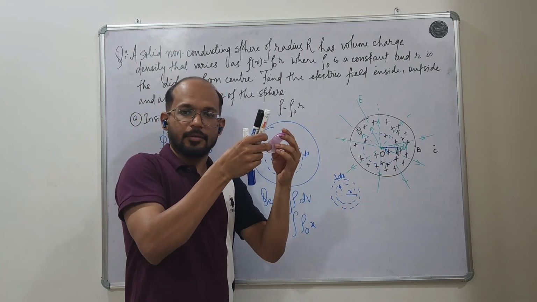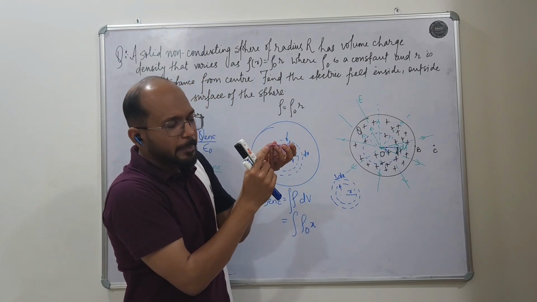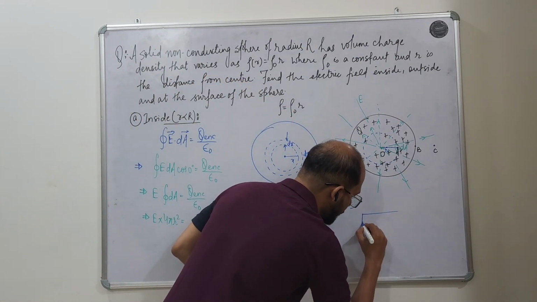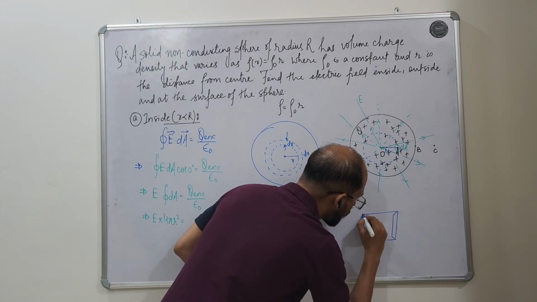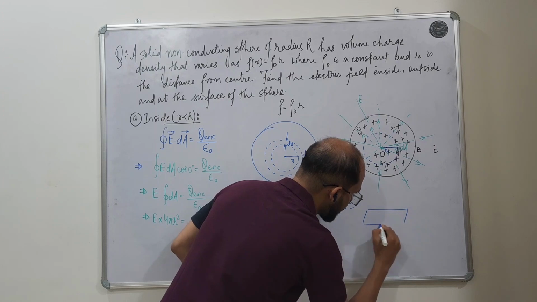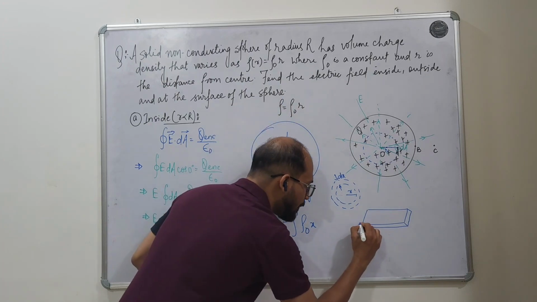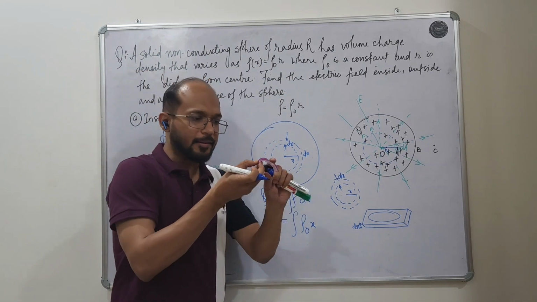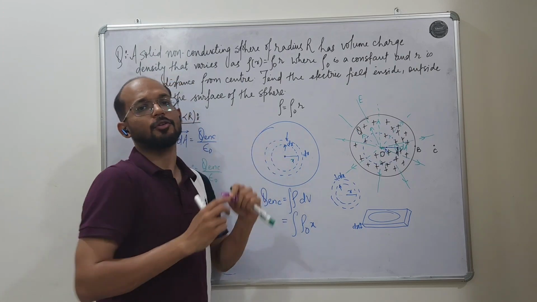If we open it like this, this overall surface will be the surface area of the elemental cell, and this part will be the thickness of the cell, dx.